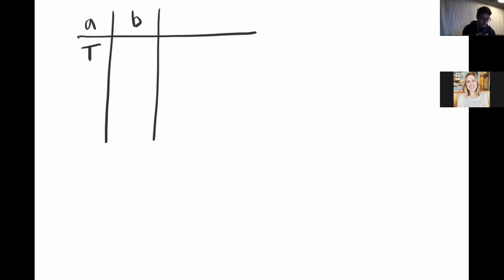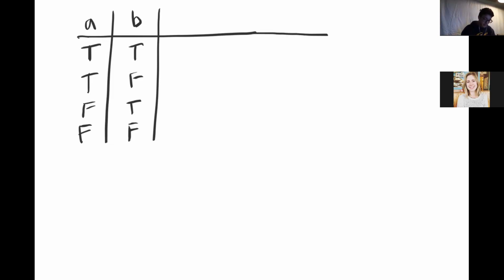Let's see, if I have two conditions, A and B, and we have true, true, true, false, false, true, and false, false. There's a couple different sort of notations to learn here.